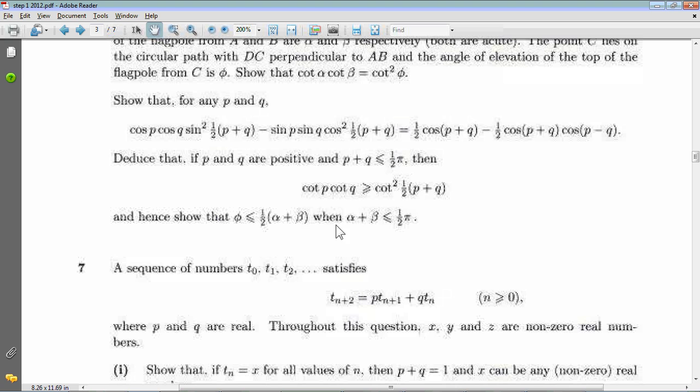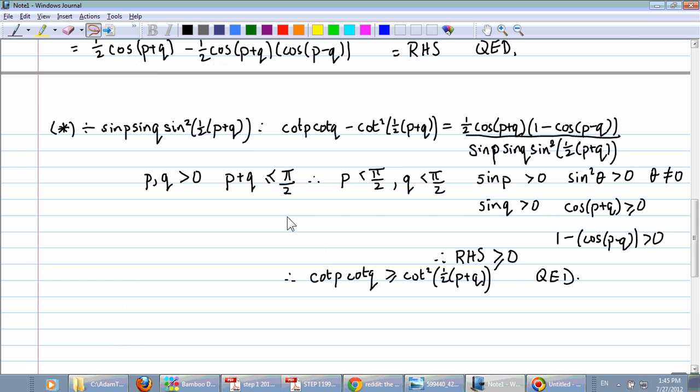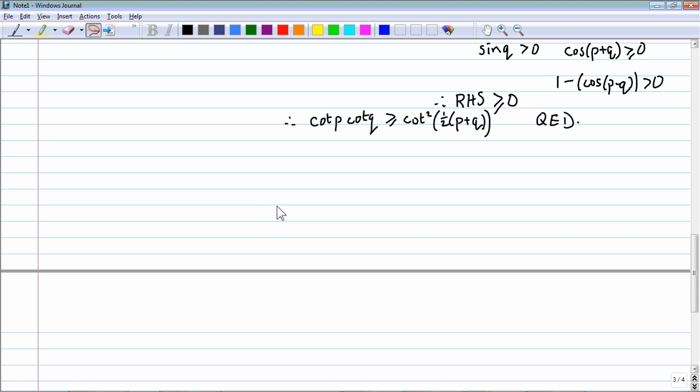So we can replace p with alpha, q with beta, and we can write cot alpha cot beta is greater than or equal to cot squared of half alpha plus beta.